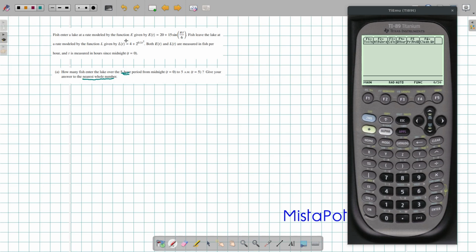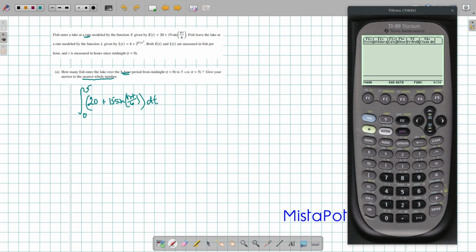Now what's interesting to know is that E of t is a rate. So if I want to find the number of fish, then I want to take the antiderivative of this, and I want to integrate this from 0 to 5. So I'm going to integrate from 0 to 5 of 20 plus 15 times the sine of pi t over 6, with respect to t.